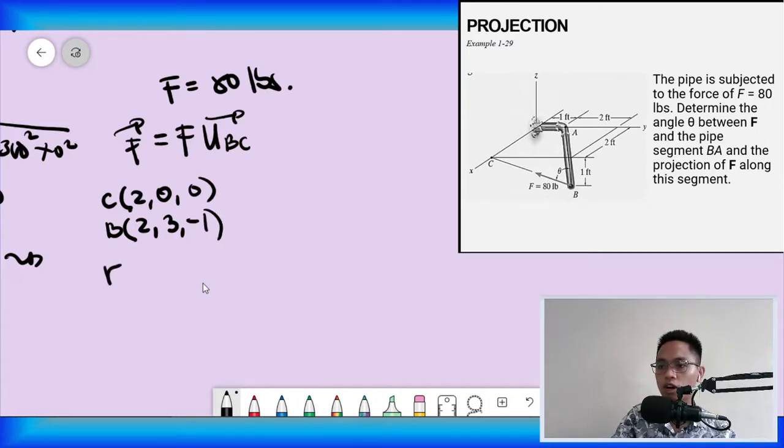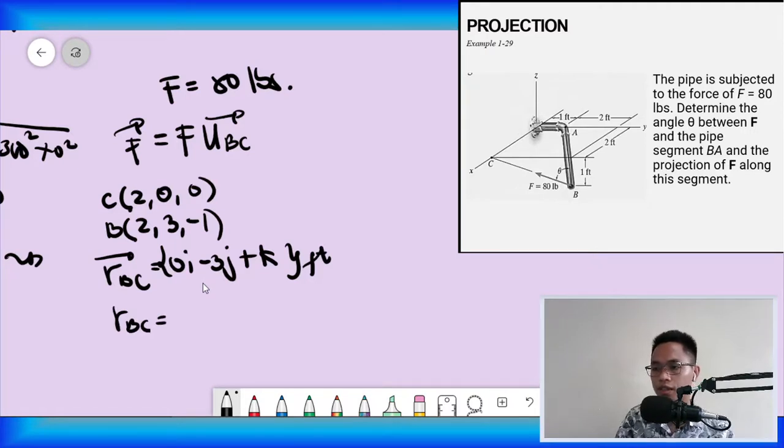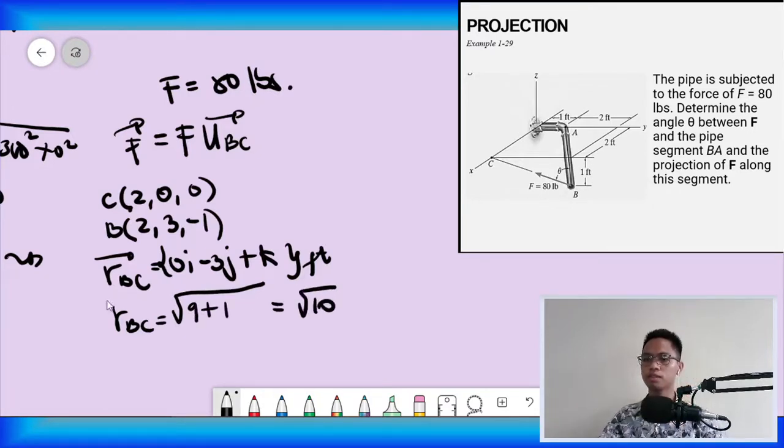Therefore, our RBC position vector is 2 minus 2, that would be 0i. 0 minus 3, that should be negative 3j. 0 minus negative 1, that should be plus k, and that is in feet. Therefore, our position vector distance is the square root of 9 plus 1, or the square root of 10.